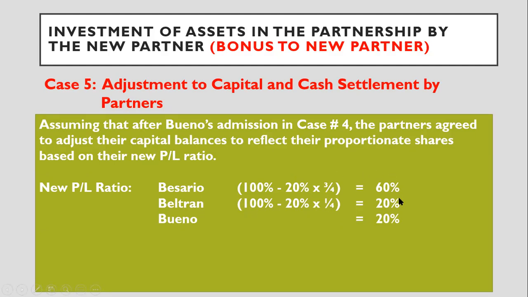So Bisario now will have 60%, and Beltran will have 20%.